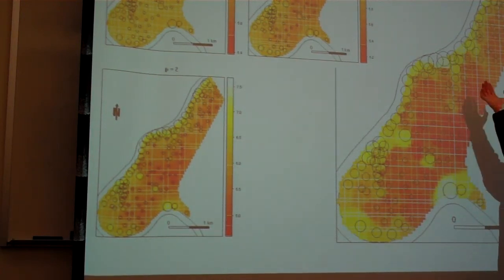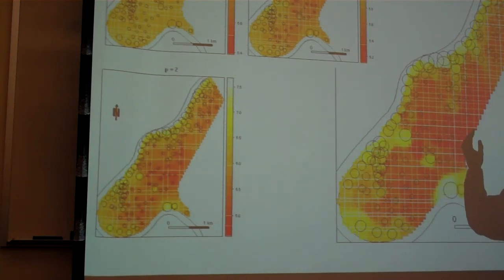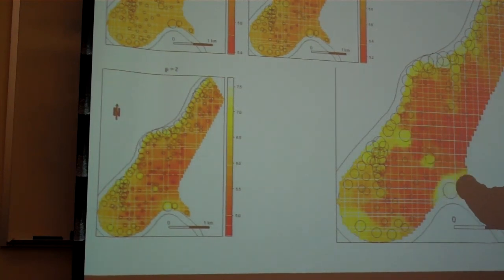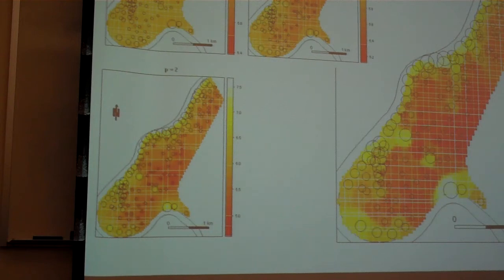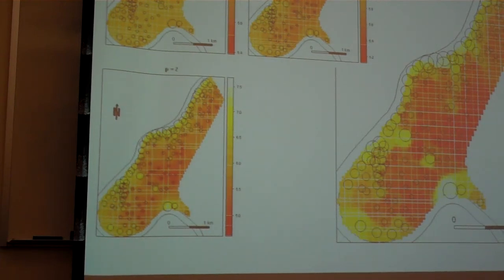Suppose we took half the data, set it aside, used the remaining half to fit the interpolation, and then asked how well that interpolation predicted what's called the validation data set. So we divide the data into a training data set and a validation data set.